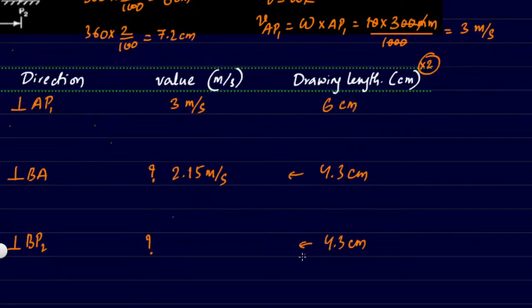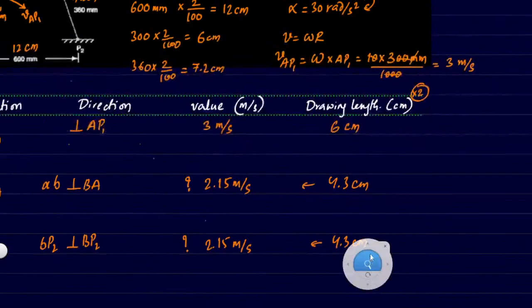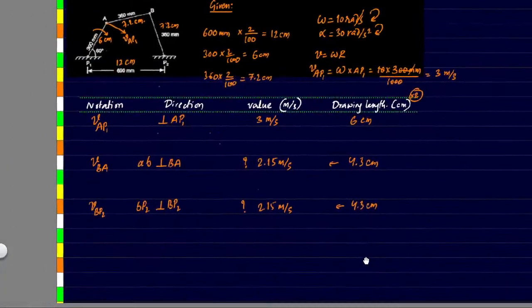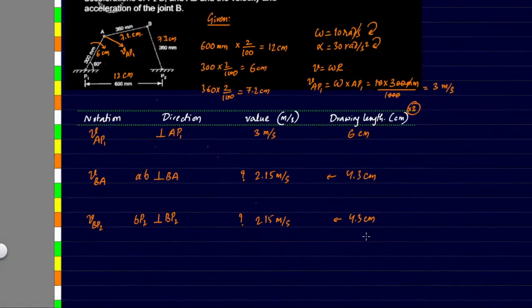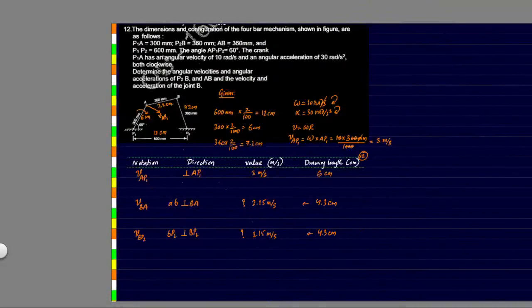Convert it back, and we get 2.15 meters per second again. This way we have found the velocity of point B with respect to A, and the velocity of B with respect to P2 as well. So the velocity diagram is now solved.